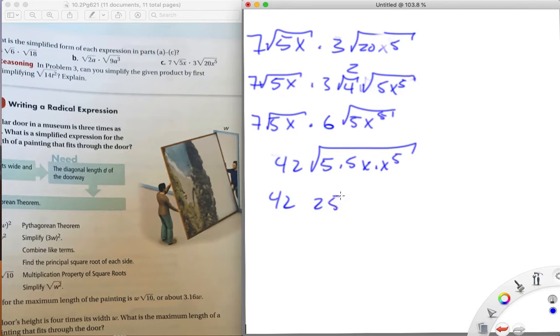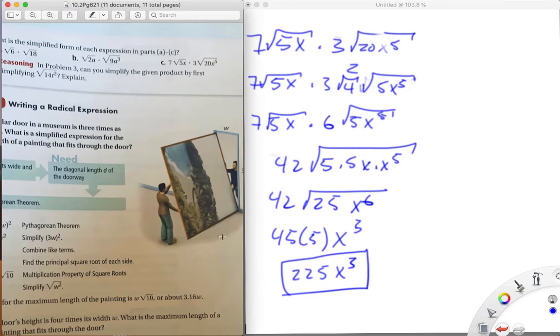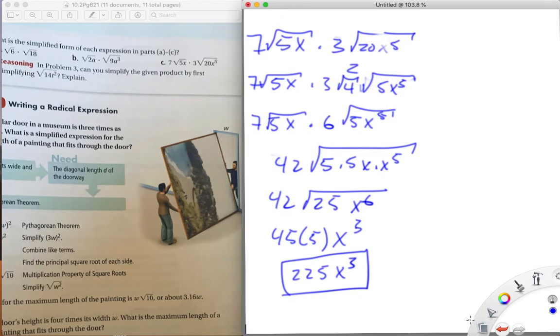This is going to be 25. It's going to be x to the 6. Well, the square root of 25 is 5. X to the 6 is going to be divided by 2, right? So it's going to be x to the 3rd. So then 45 times 5 is 225 x to the 3rd. And this is all just variations of the product rule.